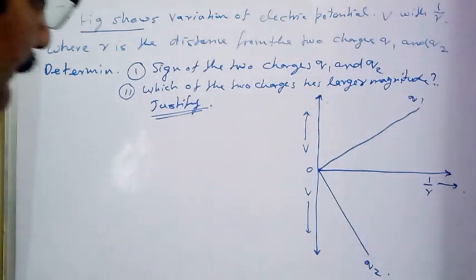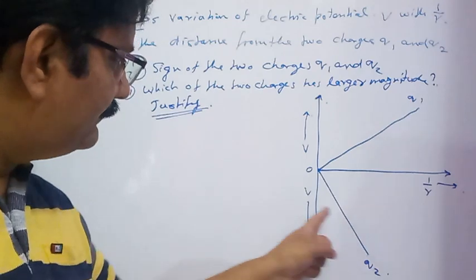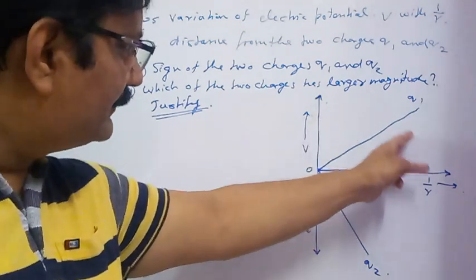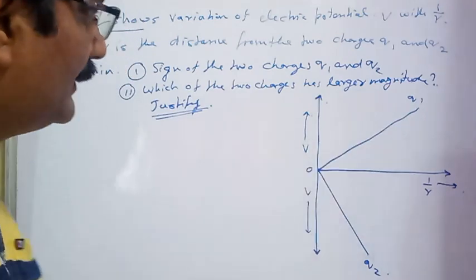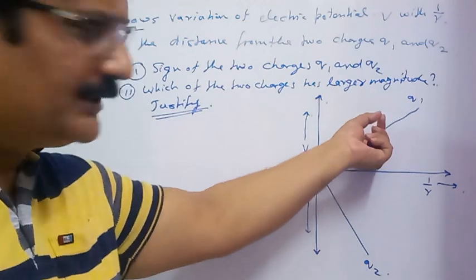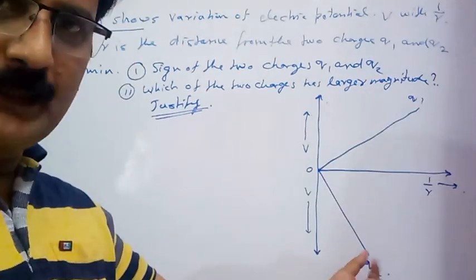Students, in this question, potential in this region is negative and potential in this quadrant, this is the first quadrant, is positive. So for a positive charge, potential in the nearby space is positive. For a negative charge, potential is negative.